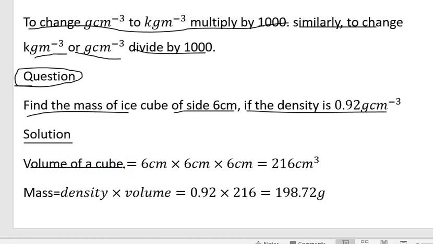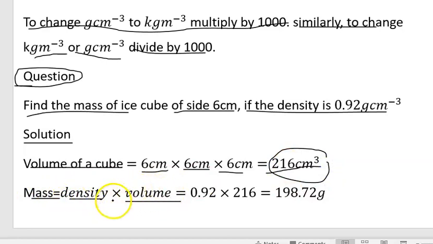Remember, for the cube, all the sides are equal, so it will be 6 by 6 by 6, which gives us 216 cubic centimeters. Once I have the volume, I can recall that mass is given by density multiplied by volume.